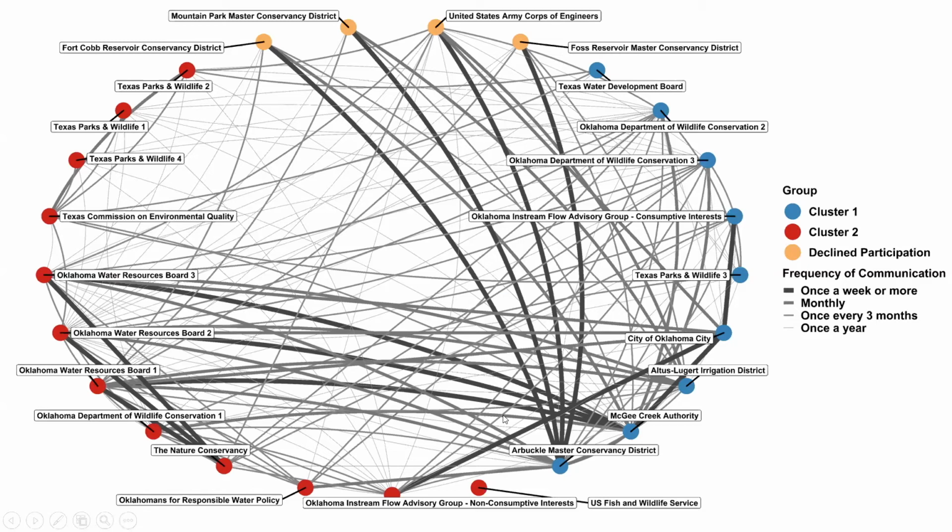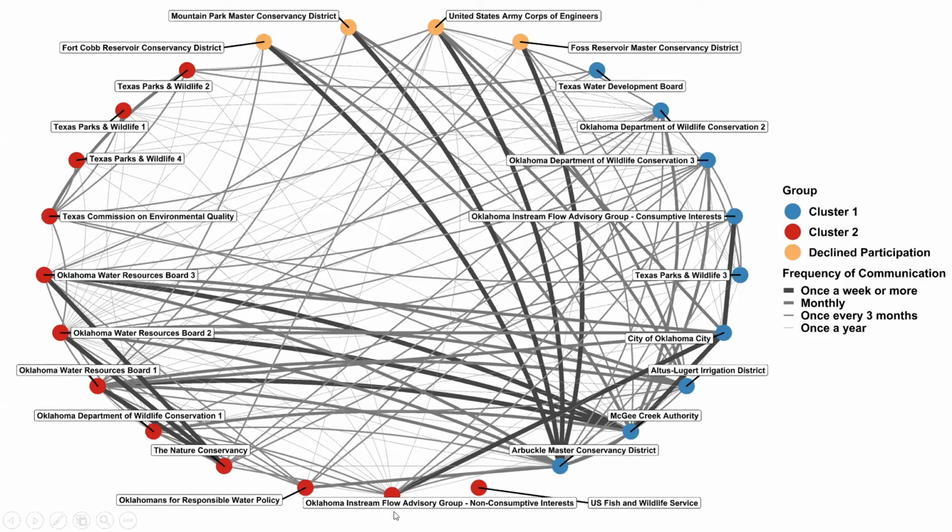But a major takeaway from this is that we have some pretty strong communication lines between the Oklahoma Water Resources Board and all of these conservancy districts who manage water throughout Oklahoma. So they communicate once a week or more, and they also communicate with some of these conservancy districts and the Army Corps of Engineers up here. So it's a pretty strong communication network there.